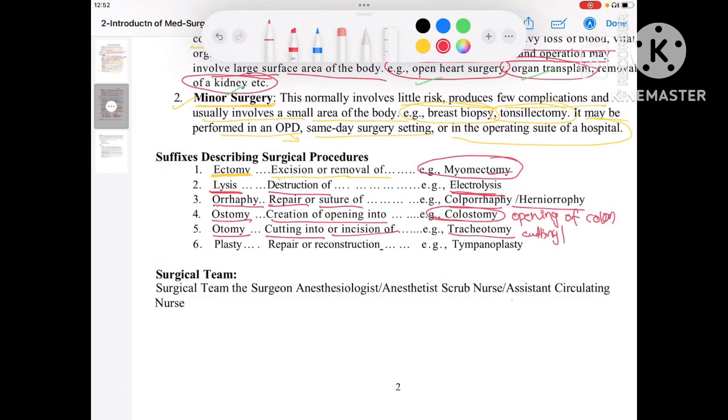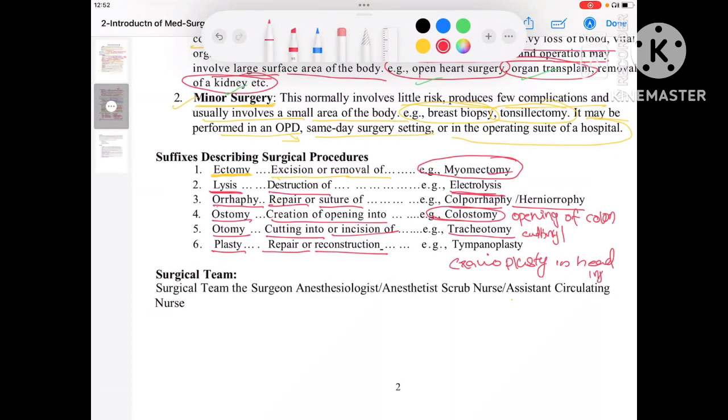The plasty means repair or reconstruction, as in tympanoplasty and cranioplasty, which is done on the head, for a head injury patient.